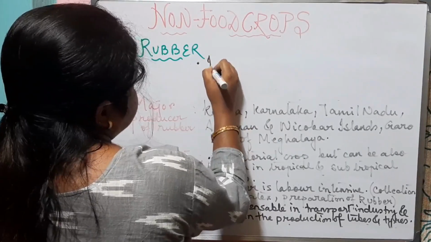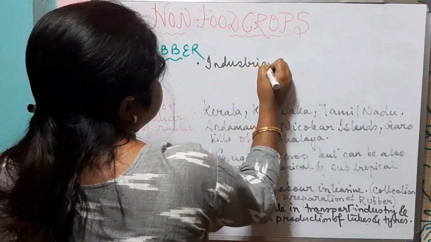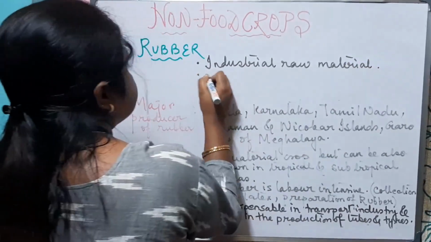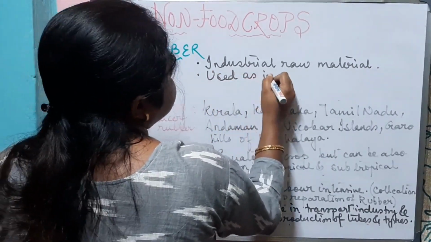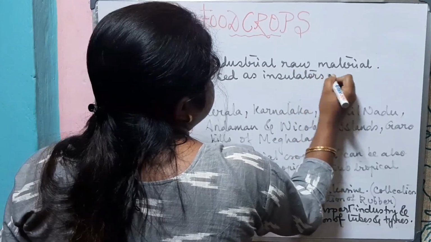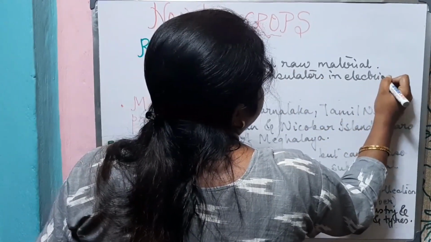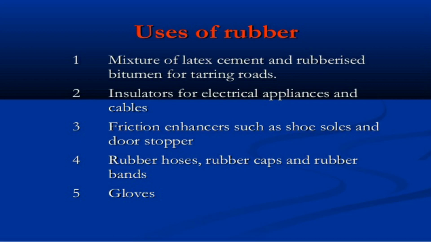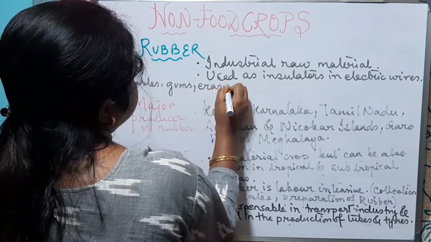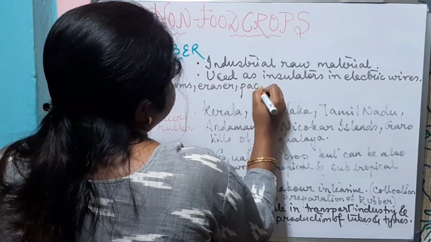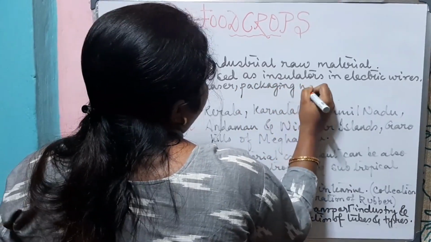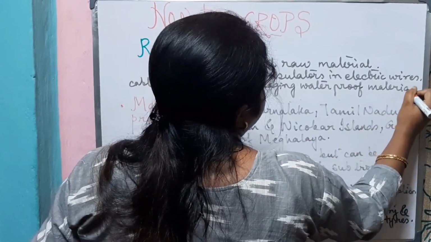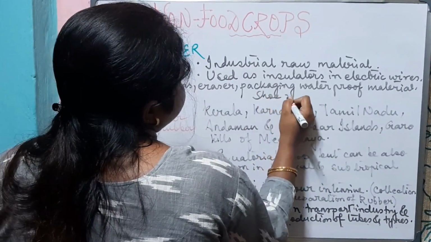It is also used as an industrial raw material. It is used as an insulator in electric wires, cables, in making gums, erasers, in packaging, waterproof material, and in shoe making.